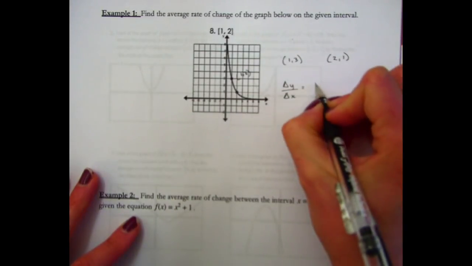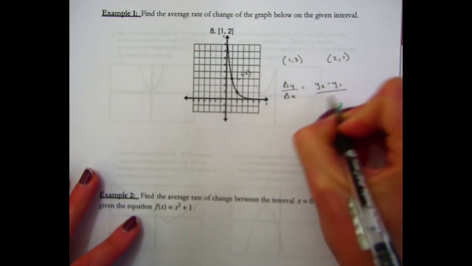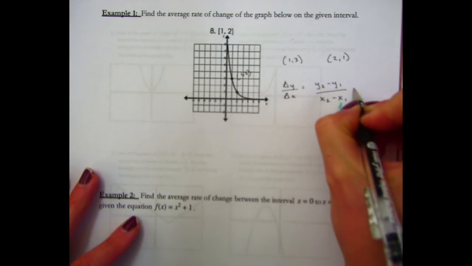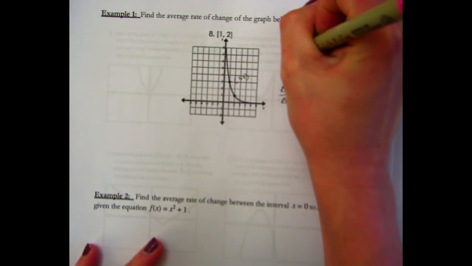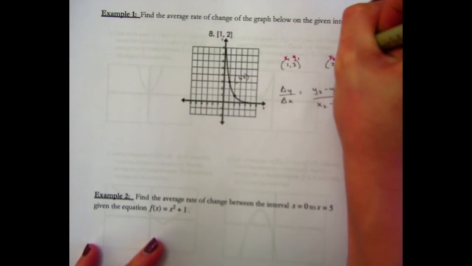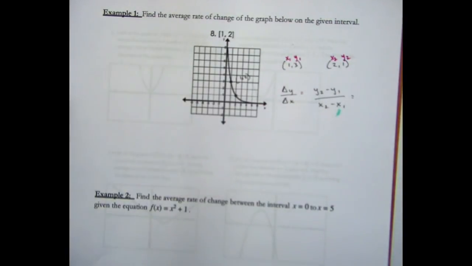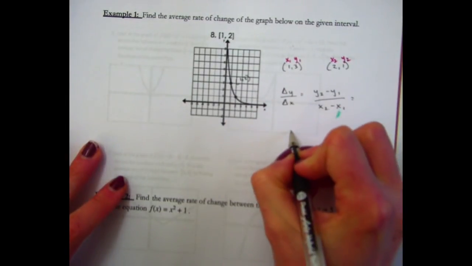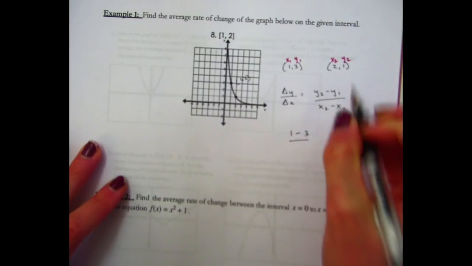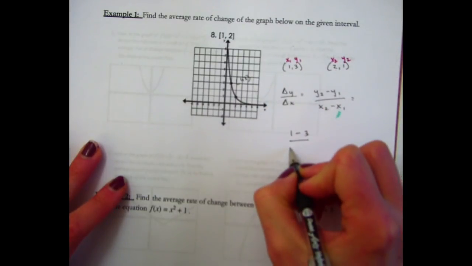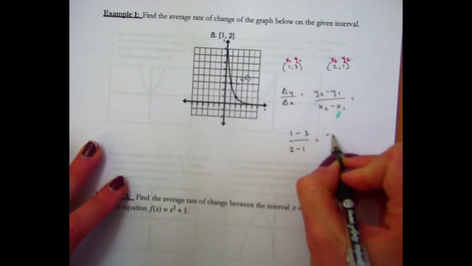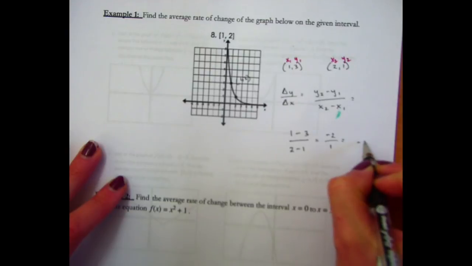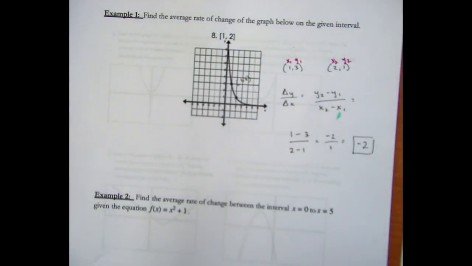So I'm going to use y2 minus y1 over x2 minus x1. So here's my x1, y1, x2, y2. So I'm going to get 1 minus 3 all over 2 minus 1, which is going to give me a negative 2 over a positive 1, which gives me a final average rate of change of negative 2.